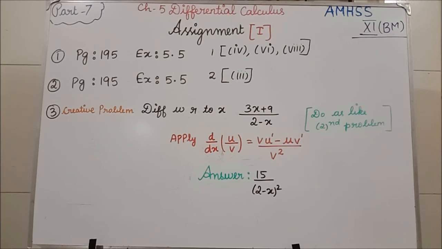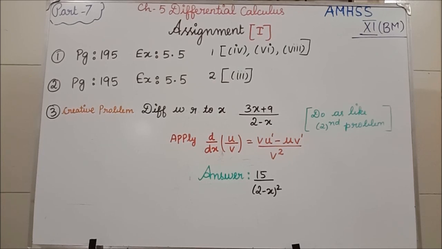So these problems you are going to do like how I did the first subdivision in the video. Clear? The second problem, on the same page number, same exercise, exercise 5.5, second question, third subdivision alone you are going to do. First go through the video thoroughly, then you can start doing the homework.